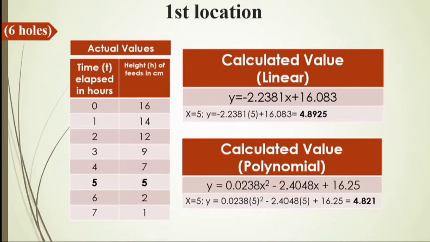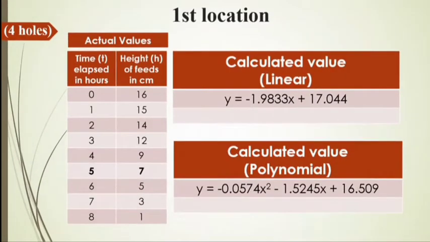If x is equal 5, then the calculated value is 4.821. So, the calculated value and the actual value is just almost the same. They only differ by points.